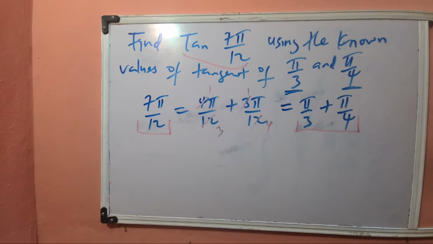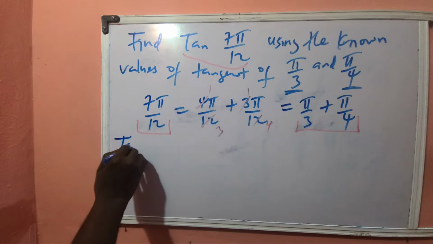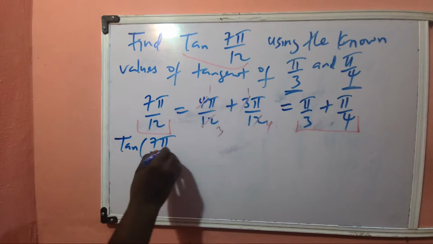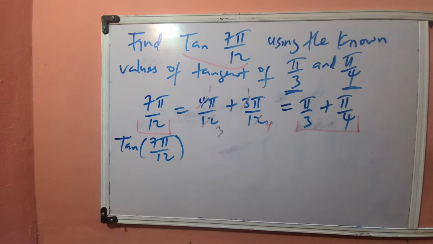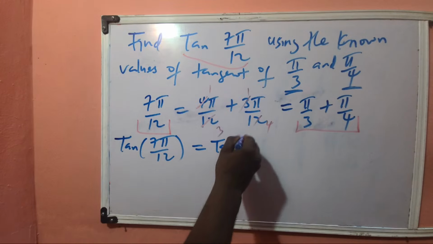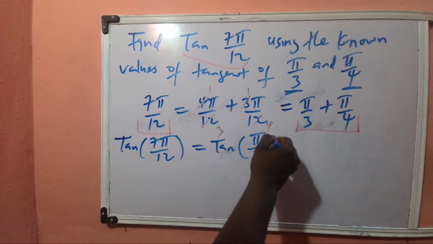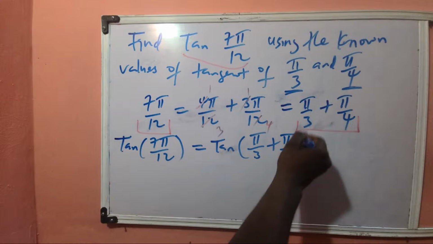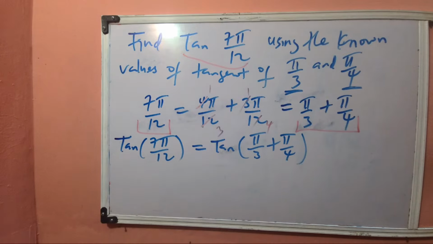All right. Now that means if I'm told to find the tangent of 7 pi over 12, then I can decide to write it rather as tan of pi over 3 plus pi over 4.